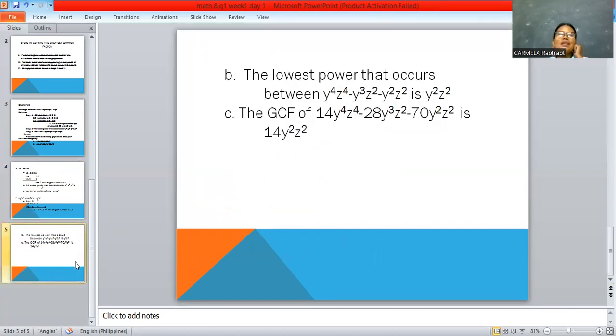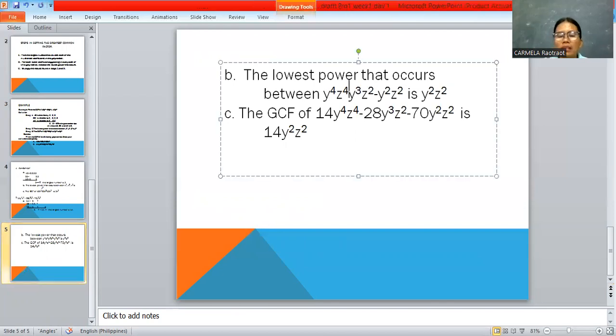So, next, the lowest power that occurs between the y's, you look at them. That is y. As you can notice, the literal coefficients are uniform: y, z, y, z, y, z. So take note. Therefore, you write the literal coefficients, the y and the z.